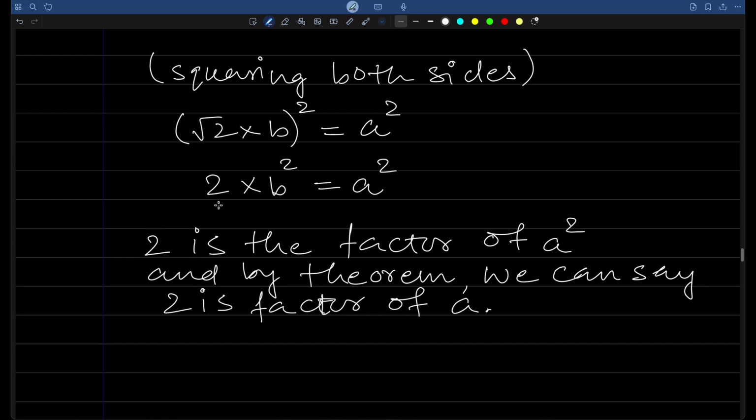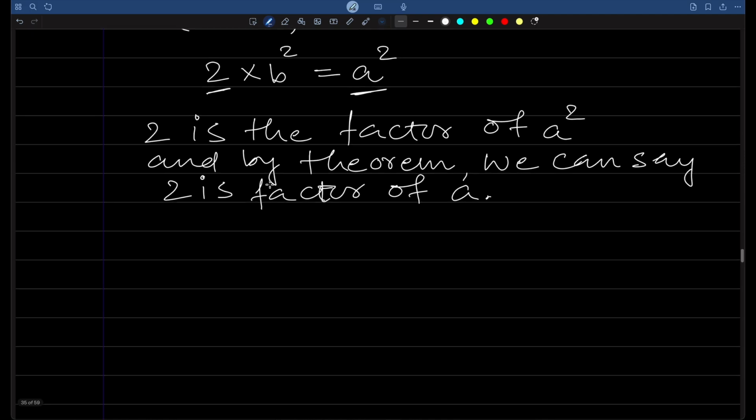Two is a factor of a square, so by the theorem we can say 2 is also a factor of a. So I can write a equals 2 into c, where c is an integer.